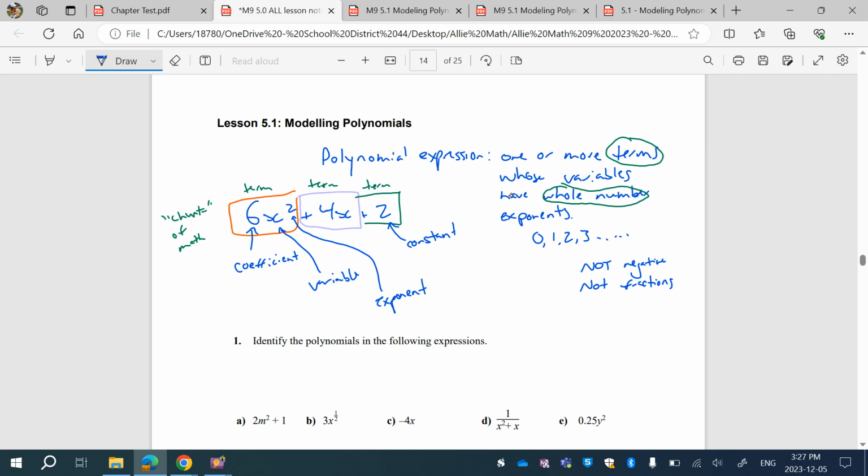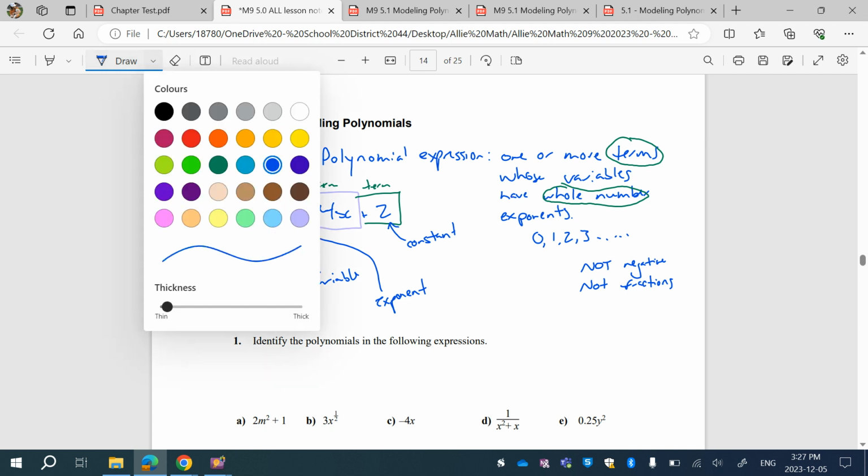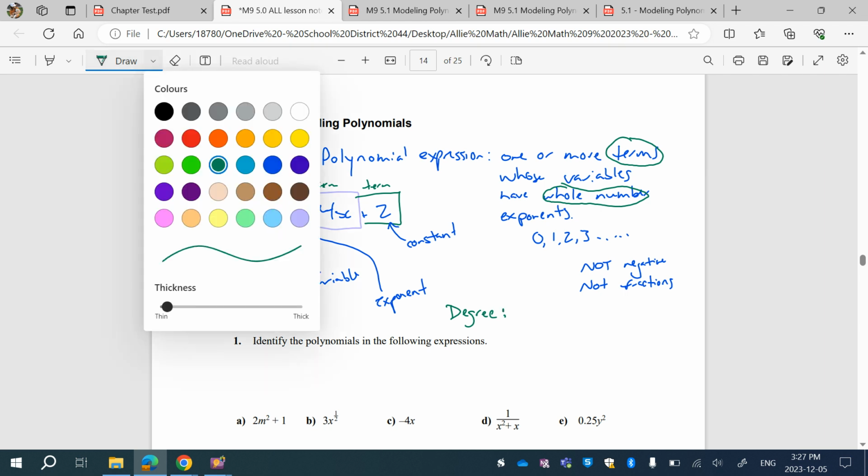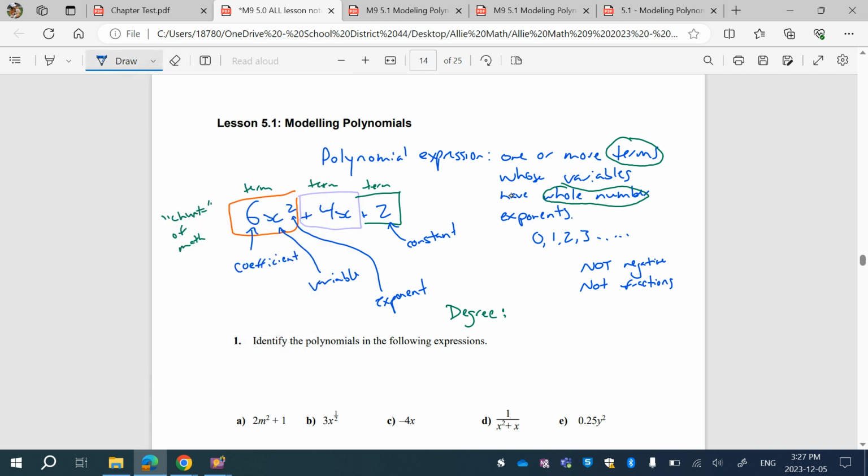And one other thing I want to point out is the degree of our polynomial, which is our highest exponent. Here we have an exponent of 2. Here you have an invisible 1. And here you could think about having an x to the power of 0, which is just 1.